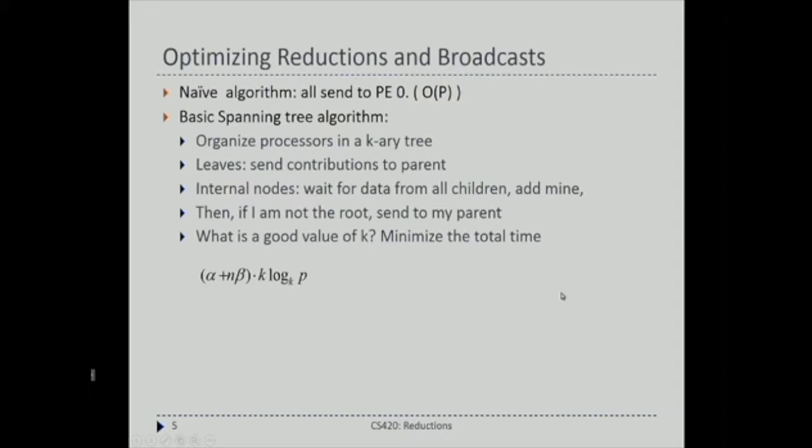Could say k receives and one send, but let's just say k. It's a small difference there. I probably should put k plus 1, but k multiplied by the number of levels of the tree, which is log p to the base k. So log p to the base k multiplied by k times alpha plus n beta. Alpha and beta are just machine constants, and n is the size of the message that you're dealing with.